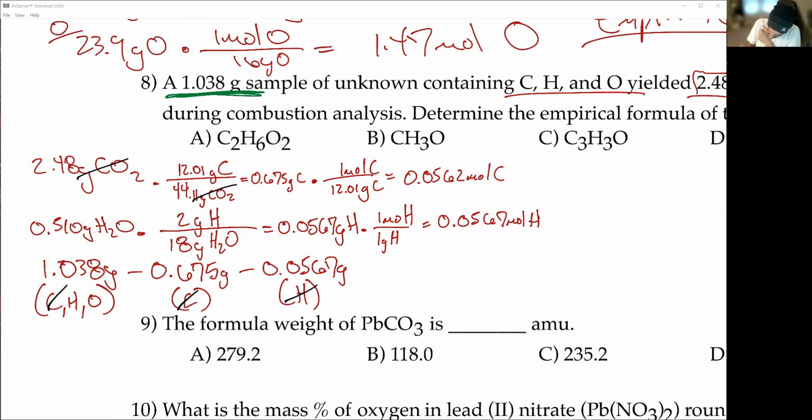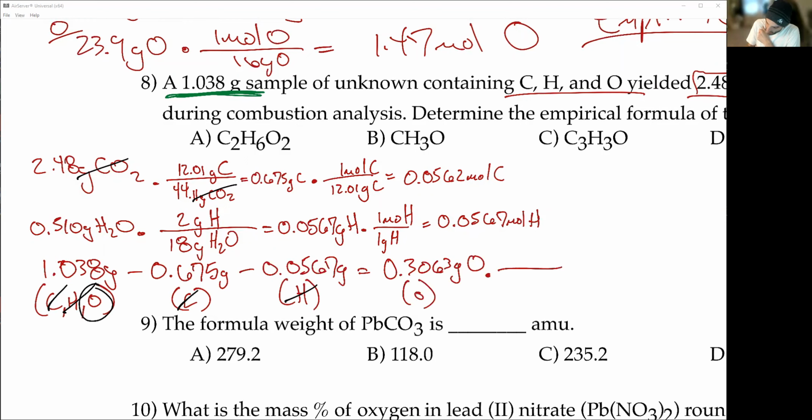That eliminates the hydrogen, and the only thing left is the oxygen. So any remaining mass will be from oxygen. I end up with 0.3063 grams of oxygen is what remains, which is good.